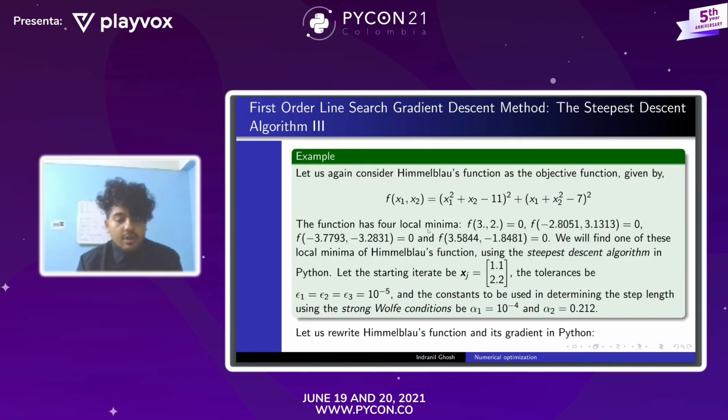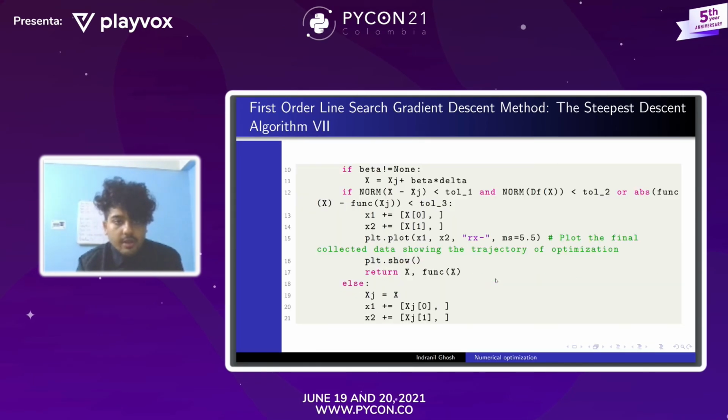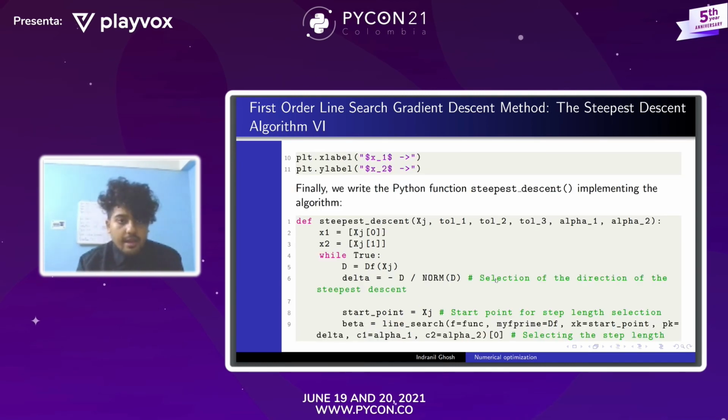We'll use the Himmelblau function to see the result again. This is one example where the starting iterate has been set to 1.1 and 2.2. This is the same type of code, and if we go forward, this is the steepest descent function that I have used, which is the implementation of the algorithm that I just showed you.